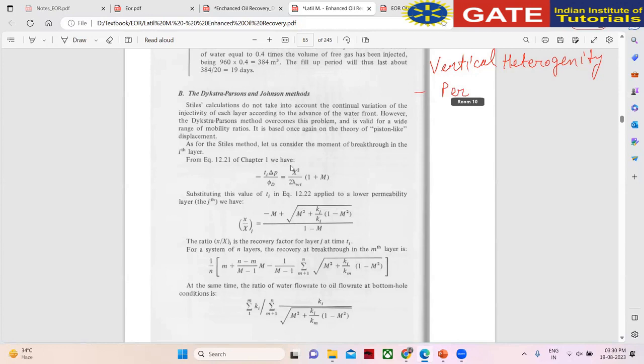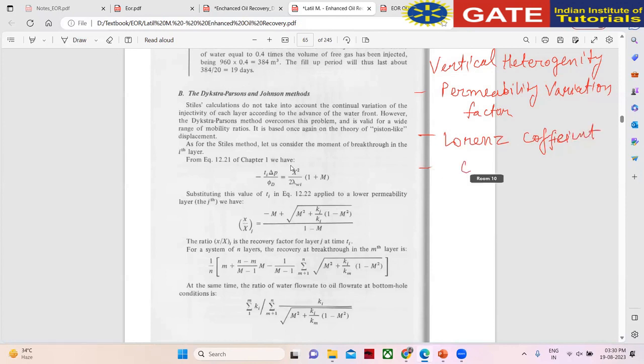First one is permeability variation factor. Second one is Lorentz coefficient method. Third one is cross flow index method.